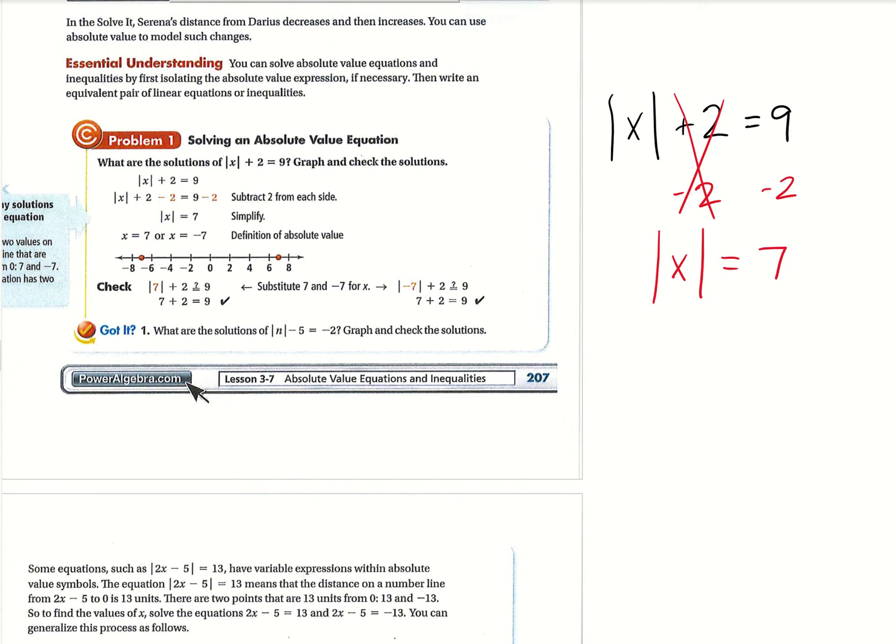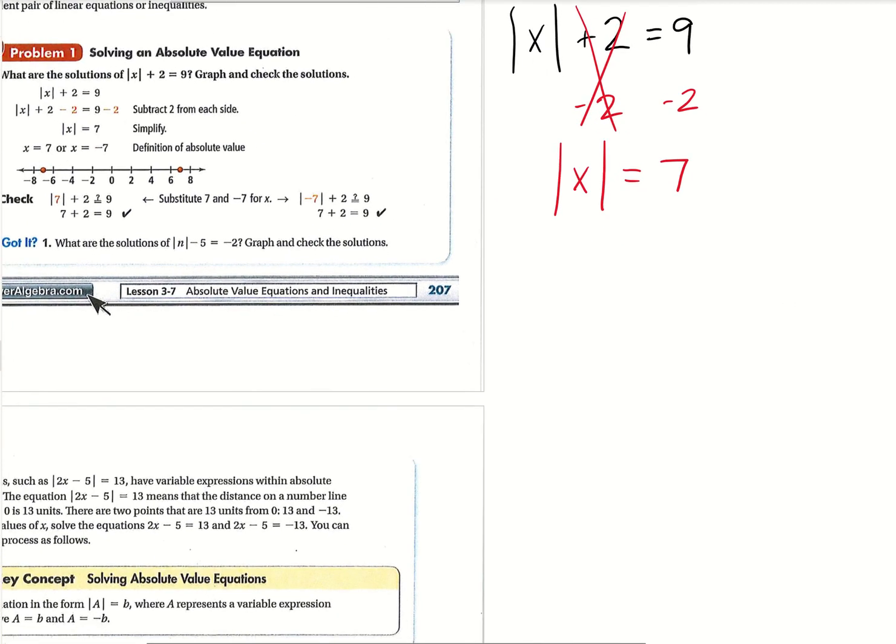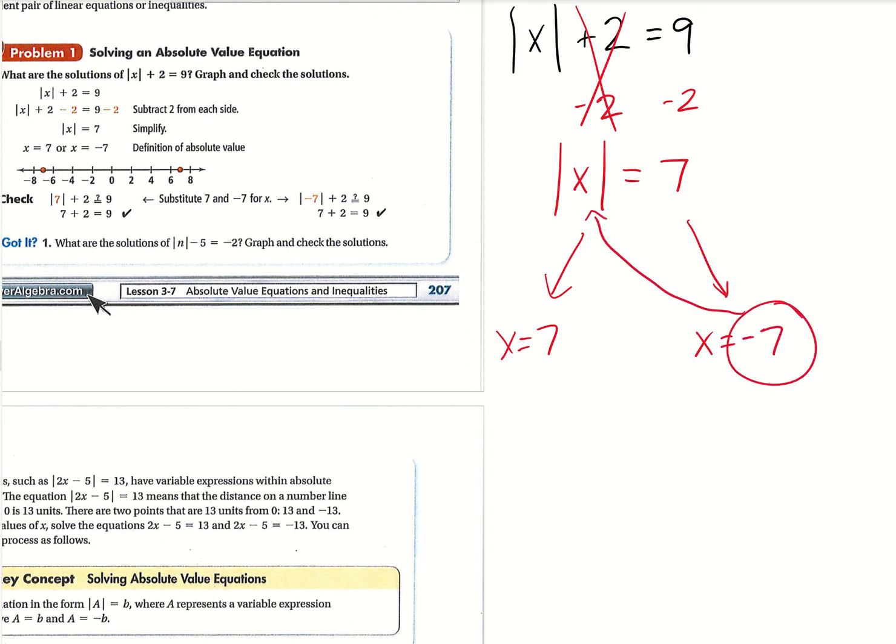Now there are two values here that this could be, right? We could have x equals 7. We could also have x equals negative 7. The reason for that is if we were to plug in negative 7 right here, then we'd have the absolute value of negative 7, which is 7.